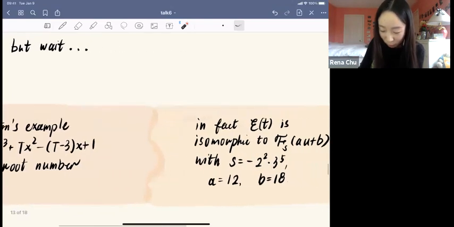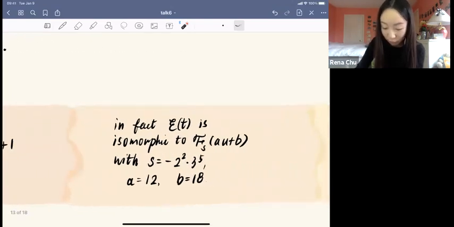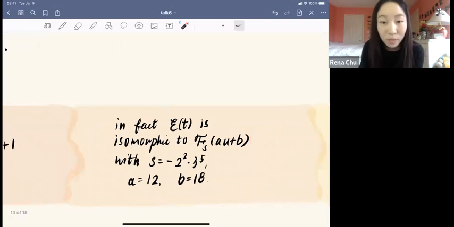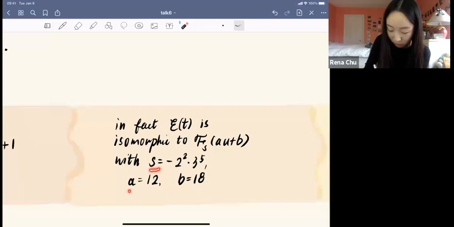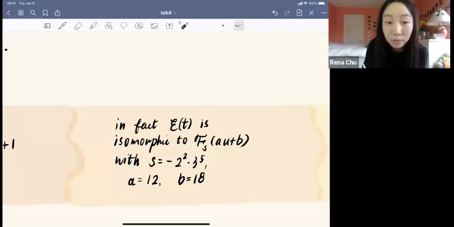However, one can show that the Washington family is in fact isomorphic to a subfamily of the F family when S, A, and B take these values. So it's a subfamily of the F family, but it has constant root numbers on integer fibers. But we just showed that the F family doesn't have constant root numbers on integer fibers. So what is going on here?